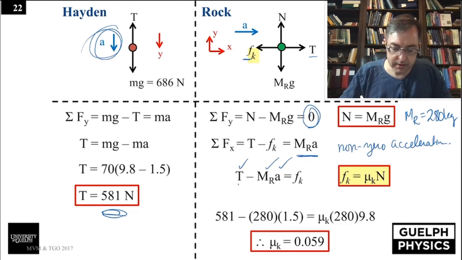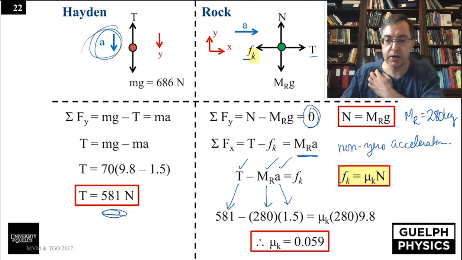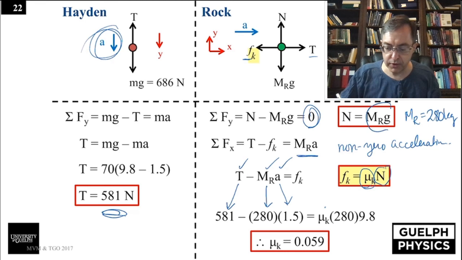So the tension in the rope of 581 newtons minus the 280 kilogram rock, which is accelerating at 1.5 meters per second squared, is equal to the coefficient of kinetic friction times the normal force, and the normal force is the mass of the rock, 280 kilograms, times 9.8 meters per second squared, the gravitational acceleration.